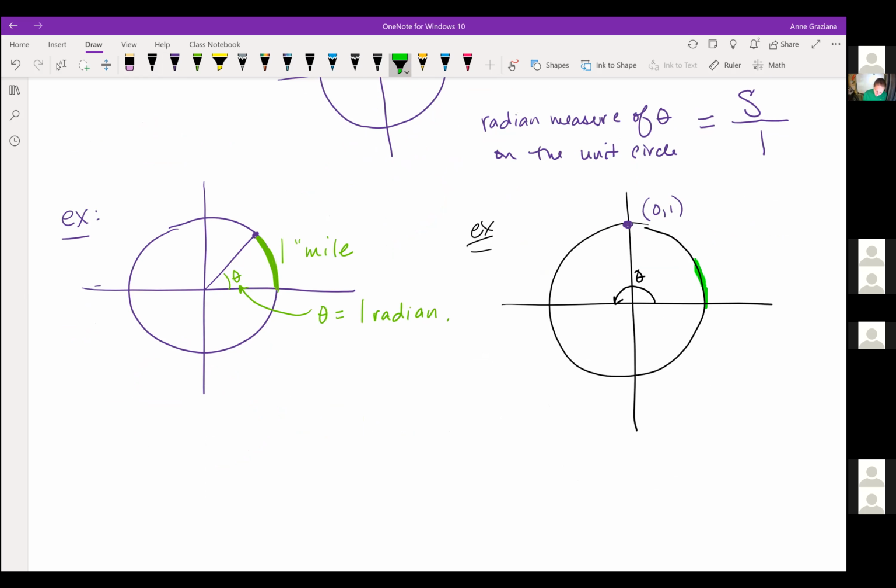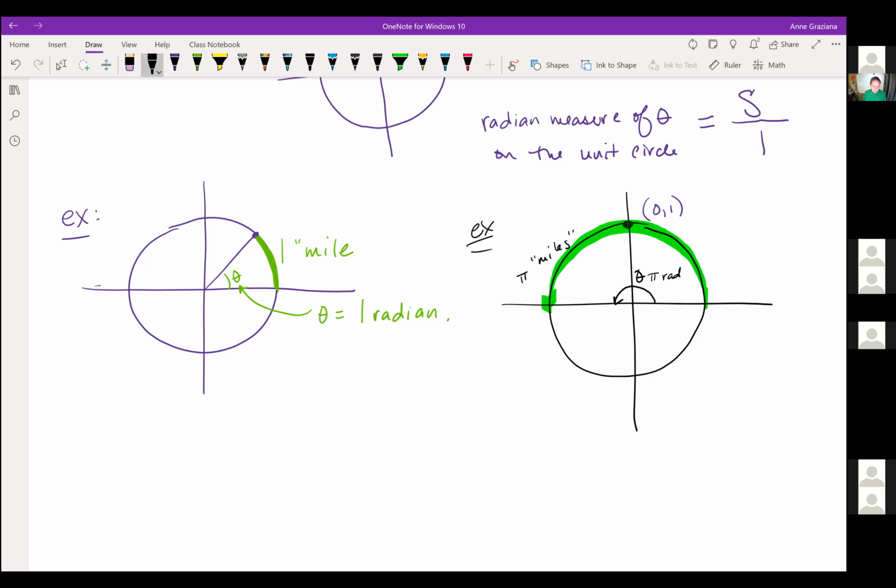If I walk along this distance, that is the same measure as that angle, which is how much? This is pi radians, and this is what I call pi miles. Okay, the distance on the arc and the measure of the angle are the same on the unit circle.